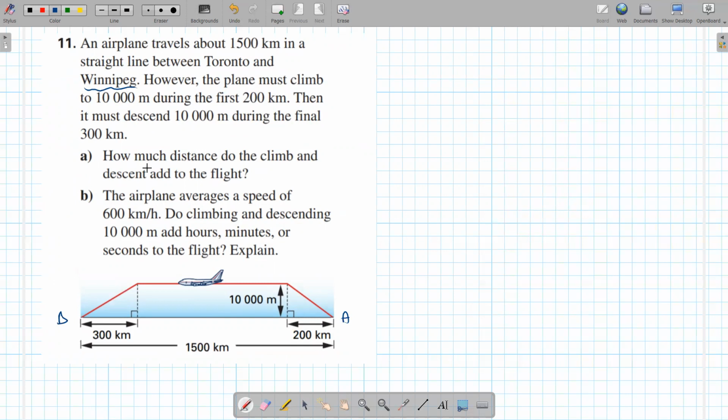Question A is asking you, how much distance do the climb and the descent add to the flight? So now what does that mean? That means, if the total distance is 1,500, this is 300, this is 200. What's the distance from here to here?